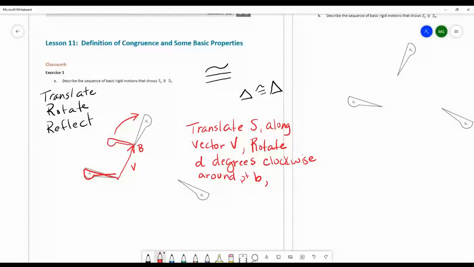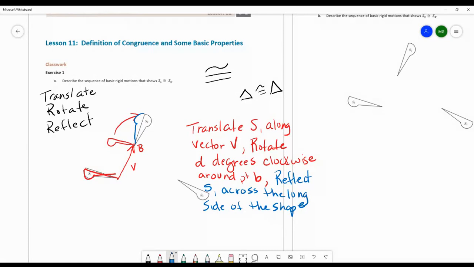And then the final thing we're going to have to do, now we're kind of looking like this, kind of like that, is reflect S1 across the long side of the shape and onto S2.